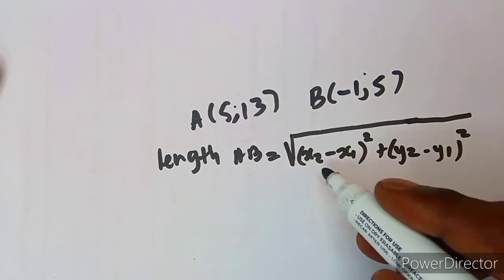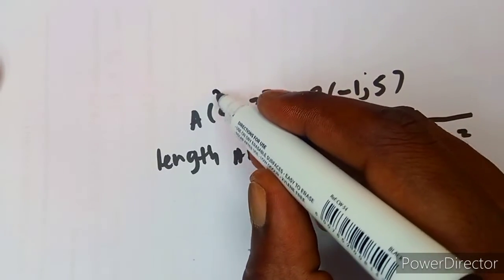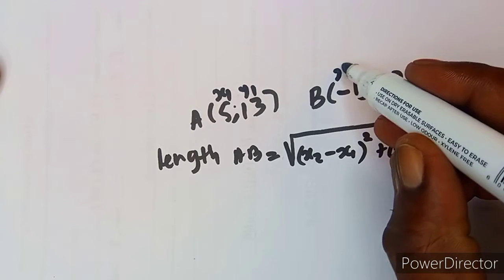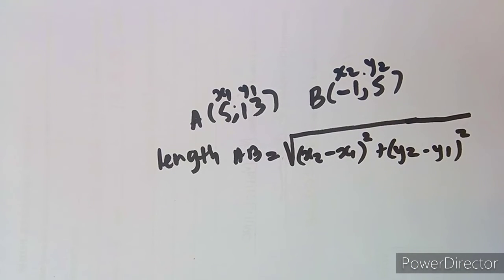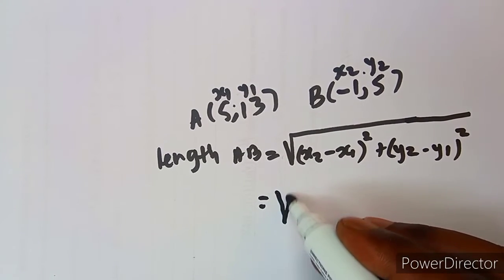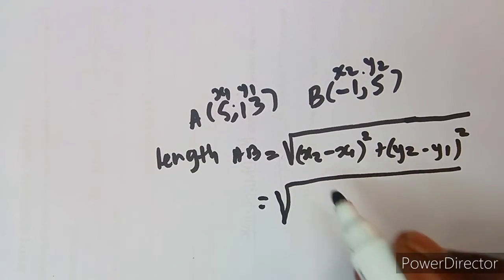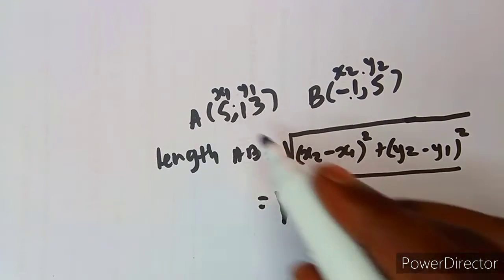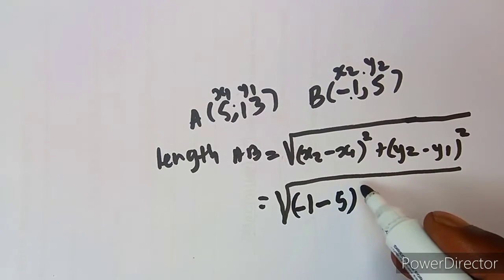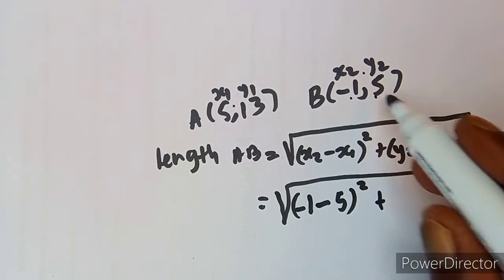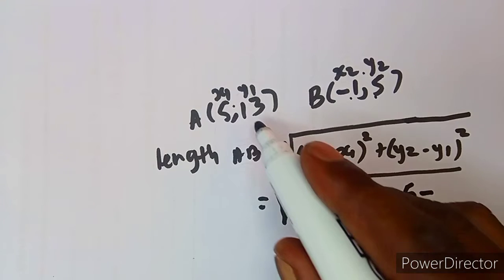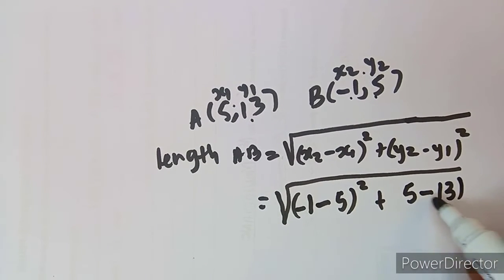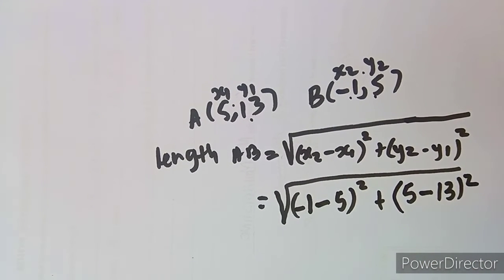We name these points x1, y1, and x2, y2 so that we can substitute into the formula. To substitute is to simply put in the values. So x2 is -1 minus x1, which is 5, squared, plus y2, which is 5, minus y1, which is 13, everything squared.